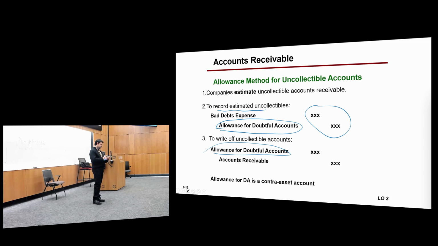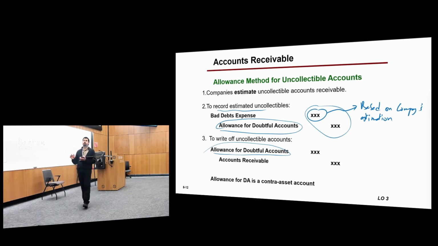This is based on the company's estimation, and this is where the difference between the methods comes in. However, as a journal entry, you will always debit bad debt expense to recognize the expense and credit allowance for doubtful accounts.